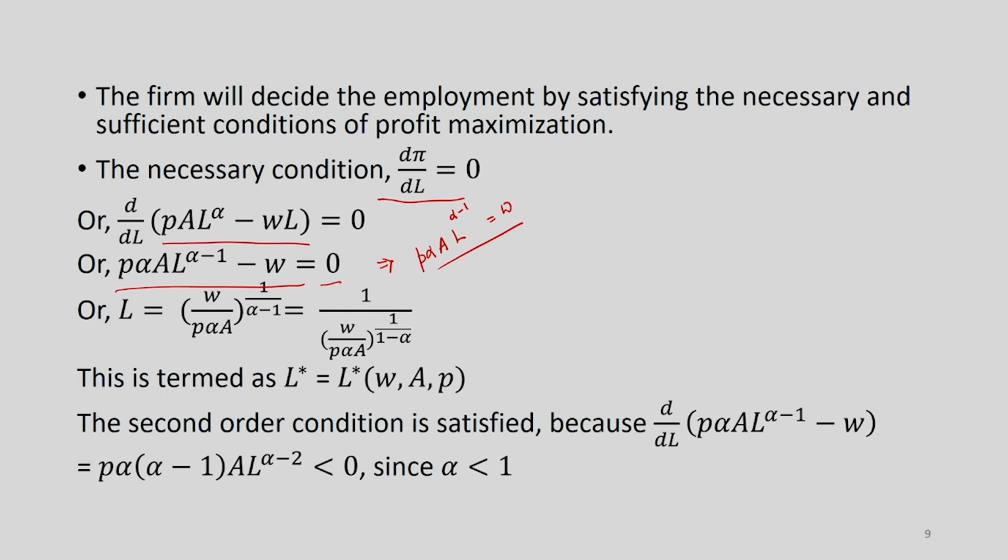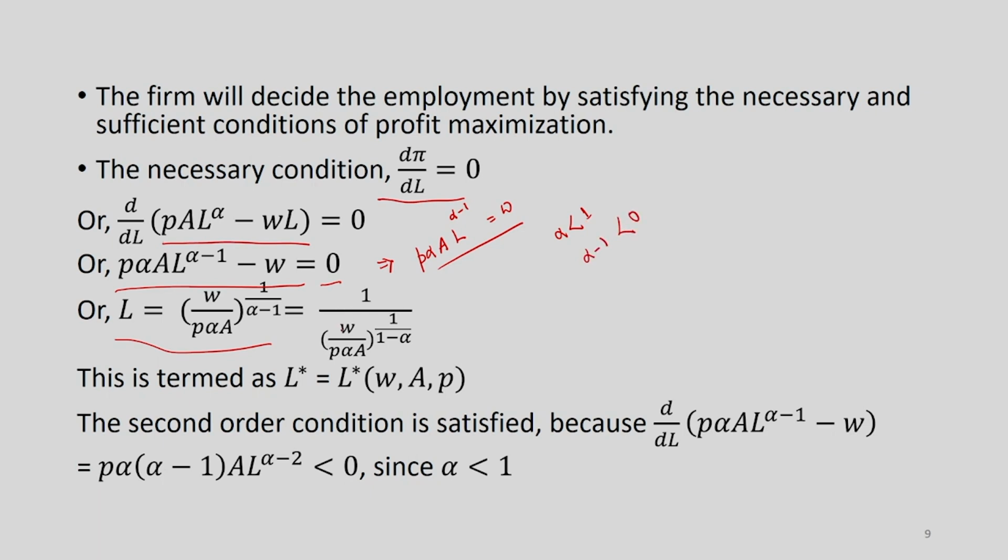And this gives me this. I am expressing L in terms of the rest of the parameters, and so L is equal to (w divided by p alpha A) to the power 1 divided by (alpha minus 1). Now, we know alpha is less than 1, so alpha minus 1 will be less than 0.